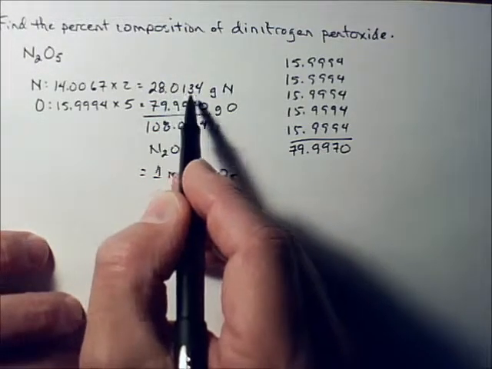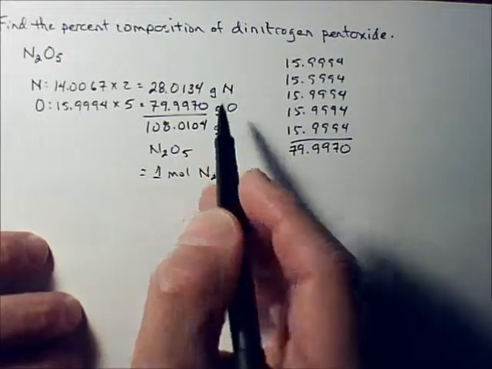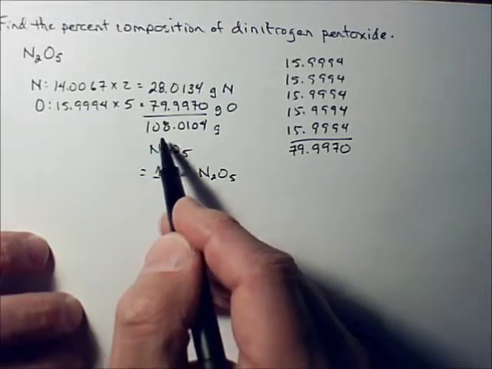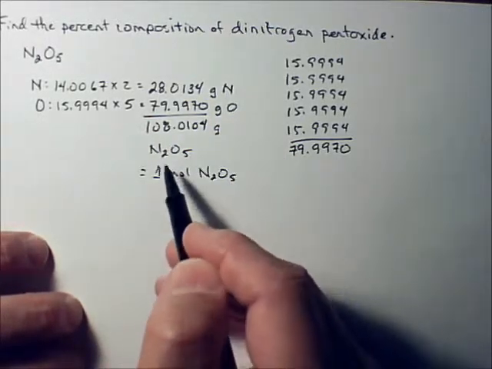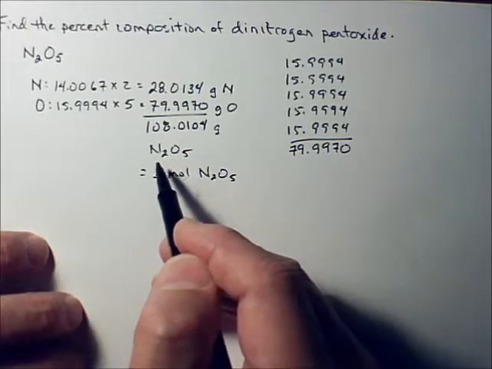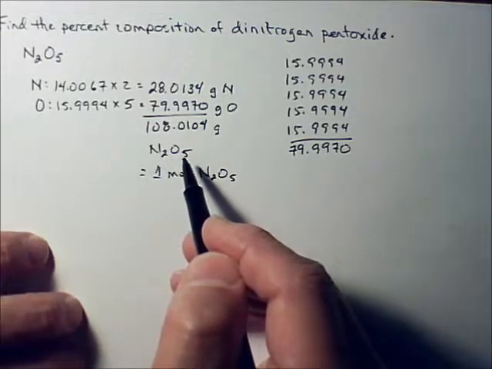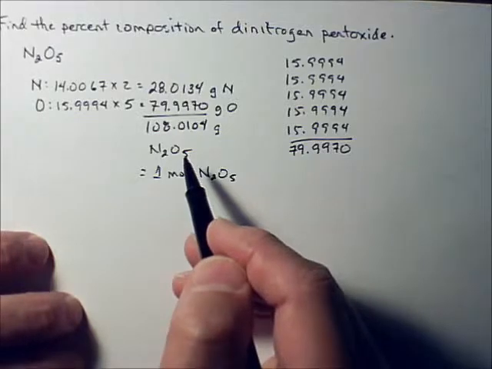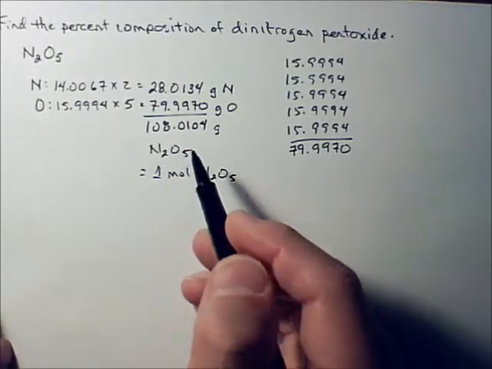So we've got 28.0134 grams of nitrogen divided by 108.0104 grams of dinitrogen pentaoxide, times 100. Percentage is always times 100.